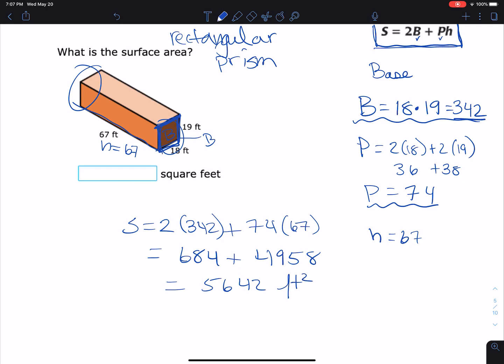This would be feet squared. Surface area is just adding up the area of each face. And that's it. So if you chose to make this long rectangle your base, you would still get the same answer. It only works for rectangular prisms if you did that.